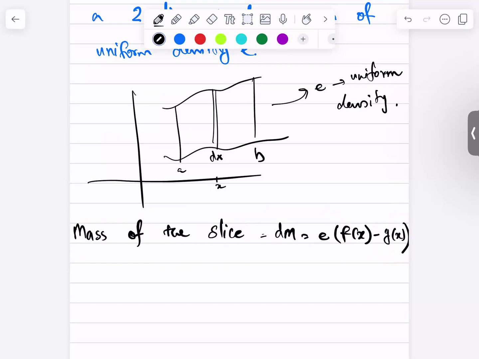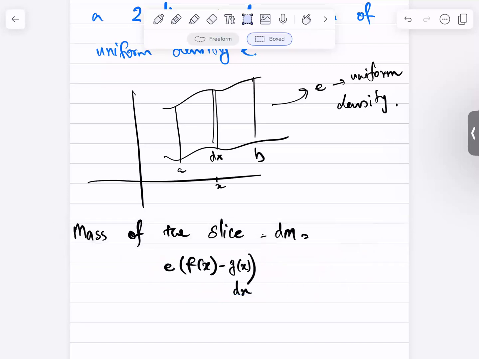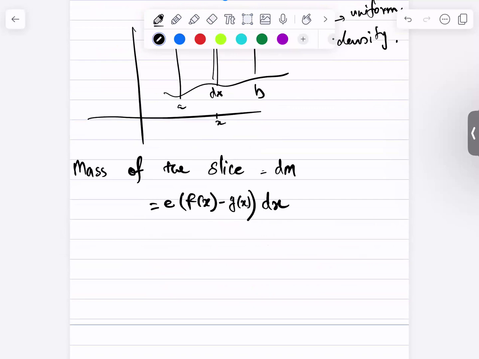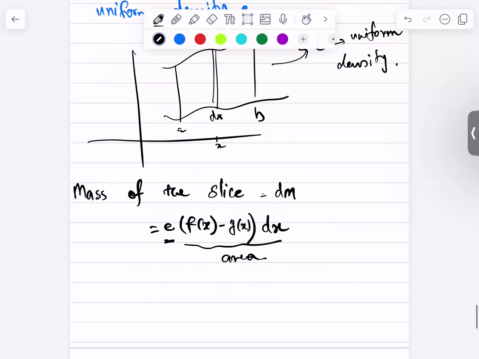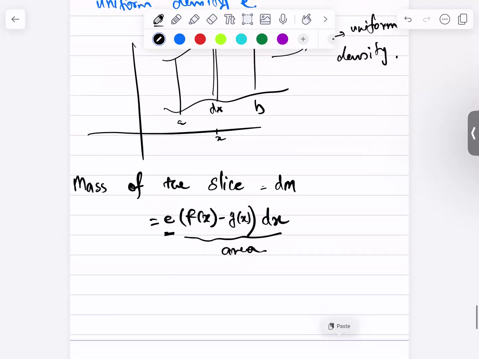Right, because E is the constant density, and then what is the area of this small slice? There should be dx. Okay, this is basically the area, and this is the uniform density.